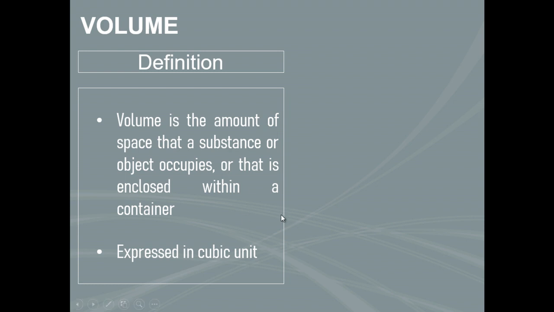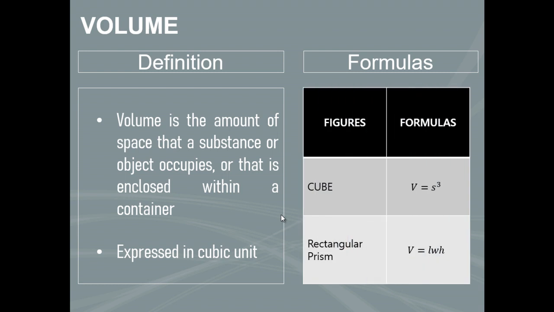Later, I will explain the formula to use. We have many solid figures, called solid figures because they are containers. There are many solid figures commonly discussed in geometry, but at this time we will focus on the cube, a simple box with all sides equal, and the rectangular prism.